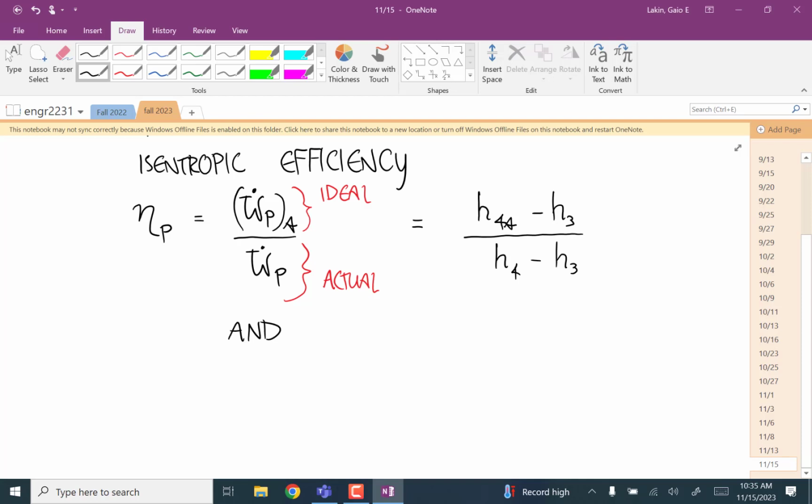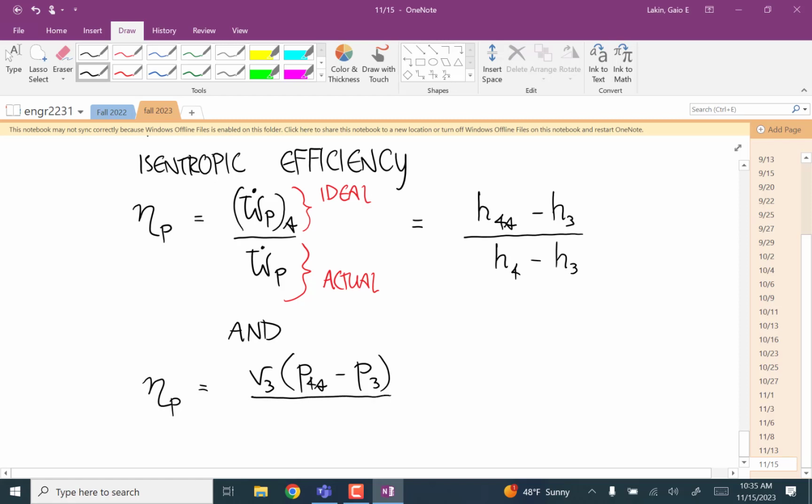So we can also write this as V3 times the quantity pressure for 4S minus the pressure at 3 divided by V3 times the pressure at the actual 4 minus the pressure at 3.